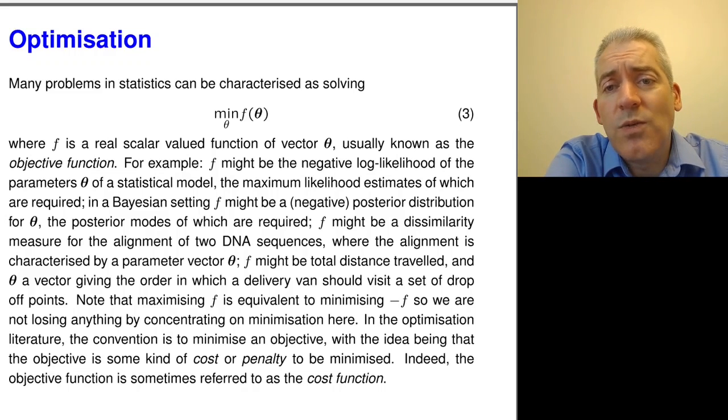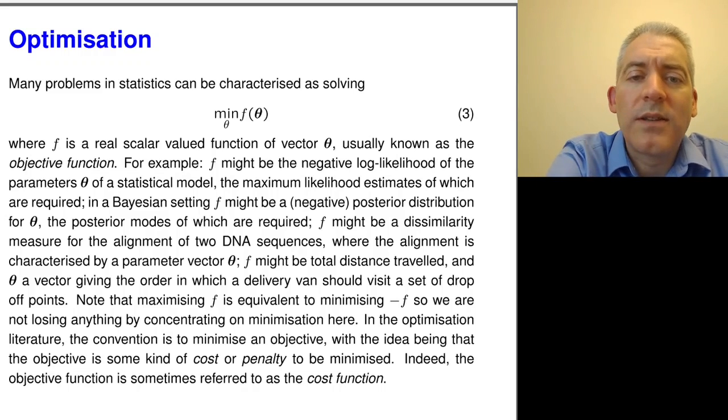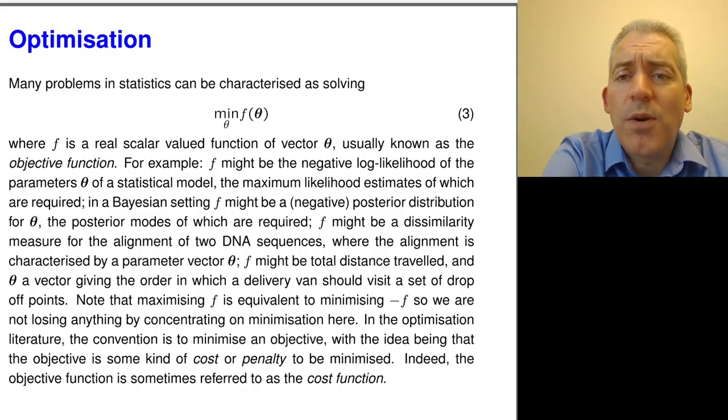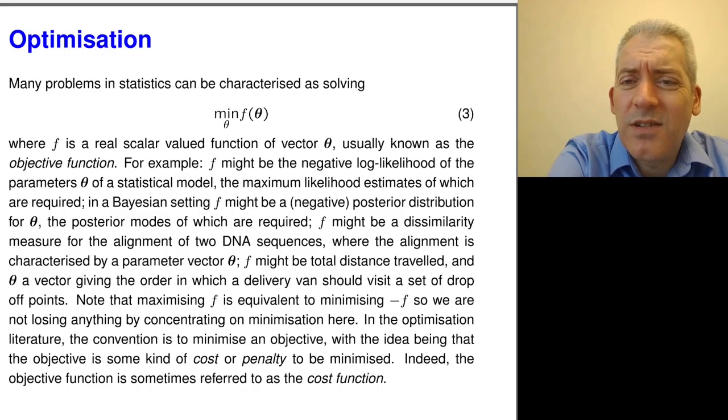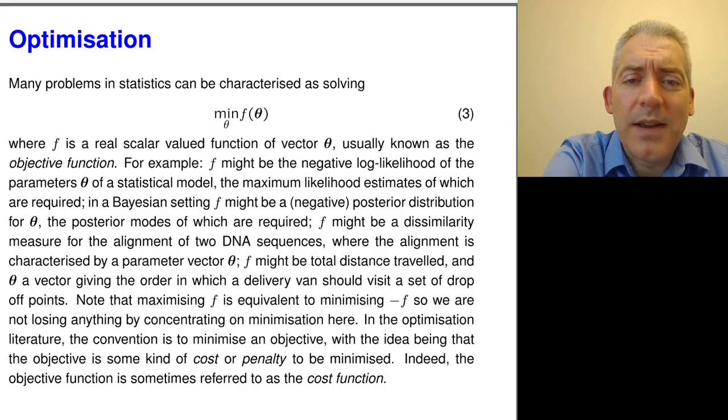And so in that case, you would want to maximize a log likelihood or minimize a negative log likelihood, which in certain cases might look a lot like a least squares cost function, but certainly not always. In the Bayesian setting, we might want to find a posterior mode, etc. Okay, so lots of problems in statistics, especially estimation style problems, can very often be set up as optimization problems.